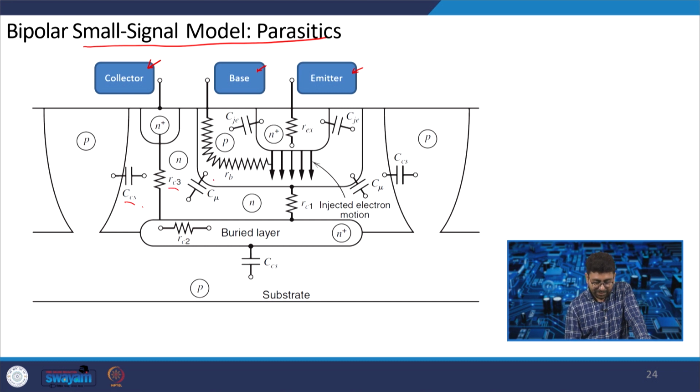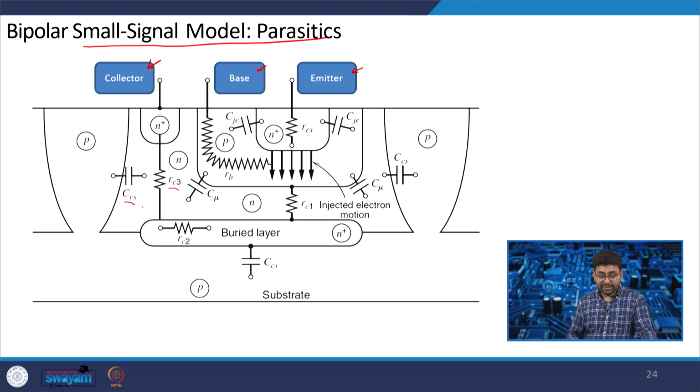There is a capacitor C mu between base and collector, and a capacitor between emitter and base, which is a combination of junction capacitances, CJE, and a resistance REX. So various capacitors and resistors are involved in the bipolar transistor.